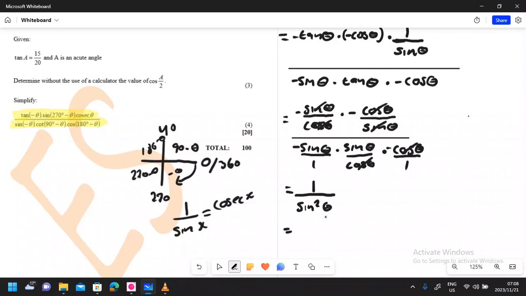Go and watch them there. So our final answer is gonna be cosec squared theta. Guys, I hope you managed to understand this one as well. In order for you to understand this question, the last question, it requires you to know your 180 rule and your co-ratio rule.